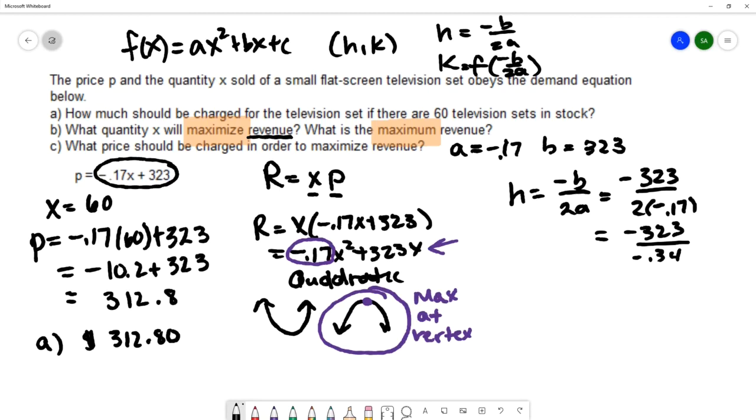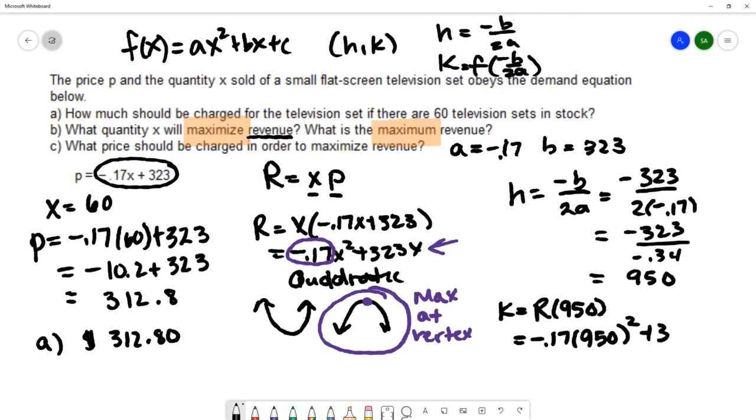That's a negative divided by a negative, which is a positive, so we get 950 as the x-coordinate of the vertex. Then we're going to get the y-coordinate of the vertex by substituting into our revenue function. We're substituting 950 into the revenue function, which gives negative 0.17 times 950 squared plus 323 times 950.